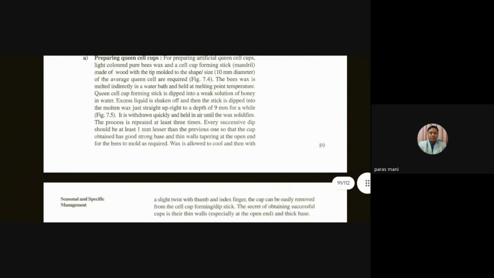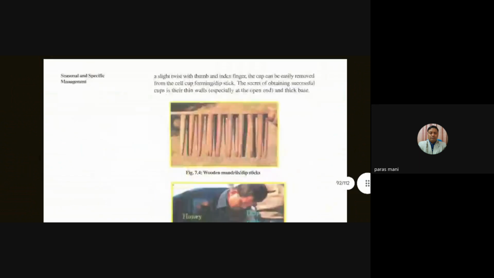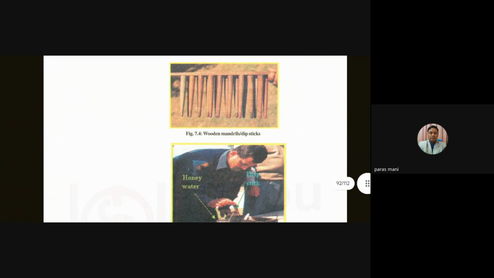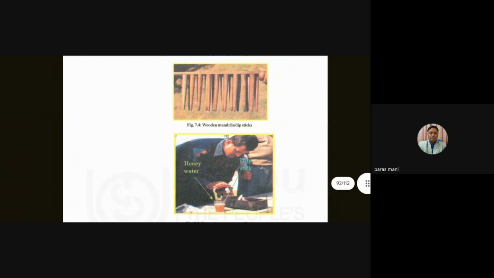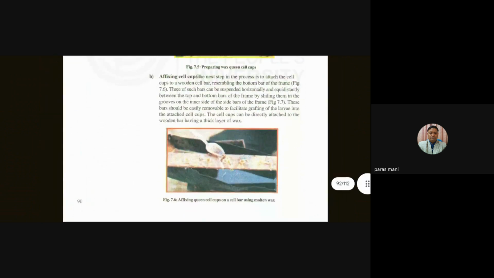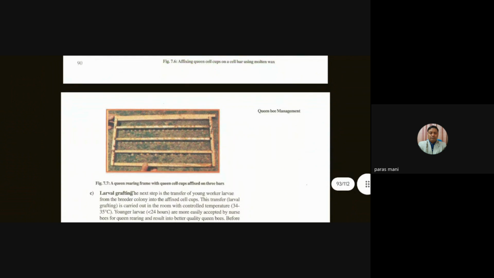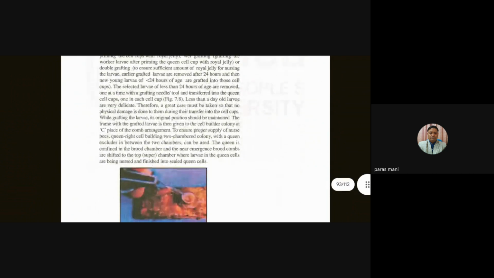This is more practically followed, and in this method, without many tools, only very small tools, we can make our queen cup cells naturally with available natural beeswax only. Not many tools are required for this.